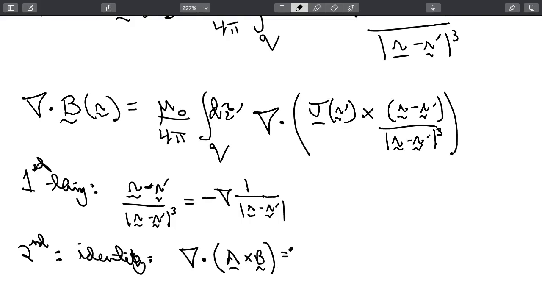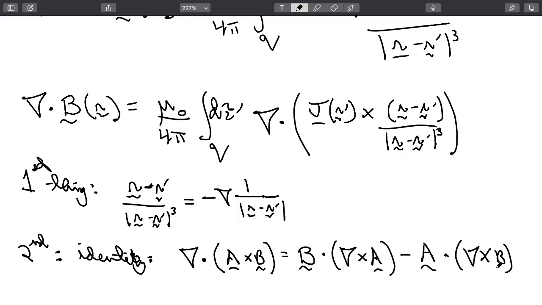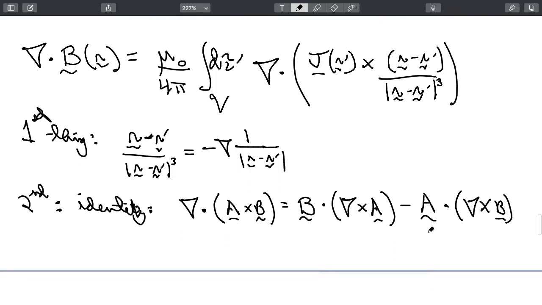It's one of these handy identities that you have in the inside cover of books or in the useful formulas at an exam. So what is this? Well, it's just B dotted into the curl of A minus A dotted into the curl of B. So that's just a mathematical fact.